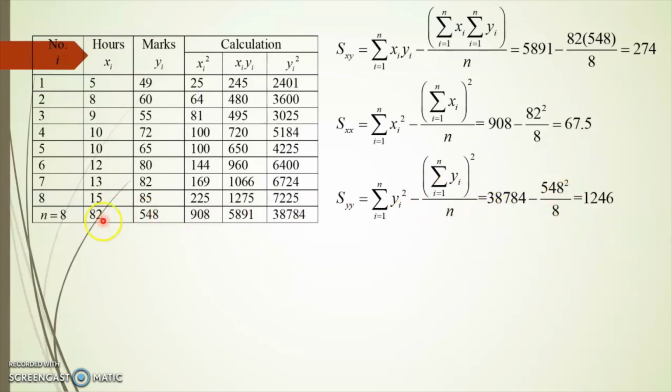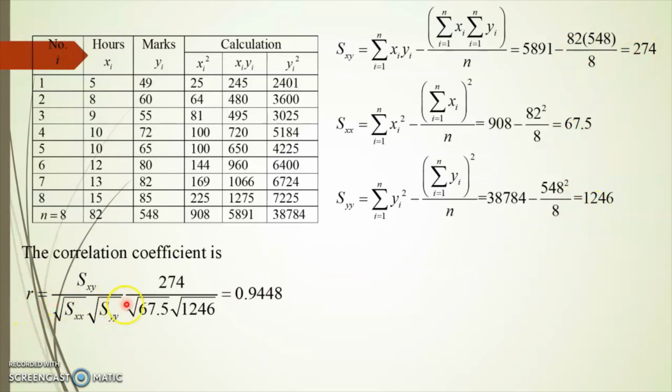There are only 8 students, right? So the sample size is 8. That will give you Syy, and you substitute all these three S's into the formula, and you can immediately get the correlation coefficient, which is 0.9448.